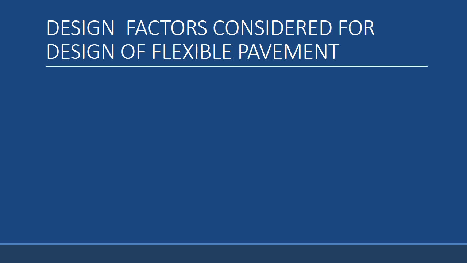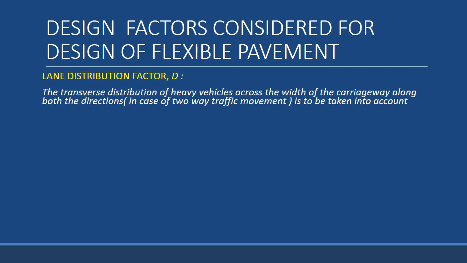Now the next factor that we are going to discuss is the lane distribution factor, which is represented by capital D, or it may be represented by some other symbol in other notes or books. The transverse distribution of heavy vehicles across the width of the carriageway along both directions, in case of two-way traffic movement, is to be taken into account.